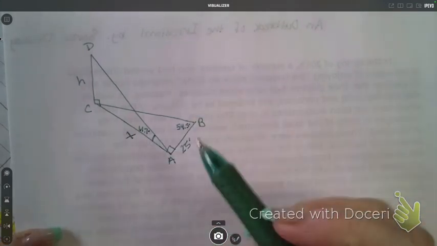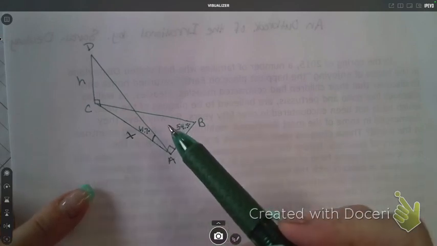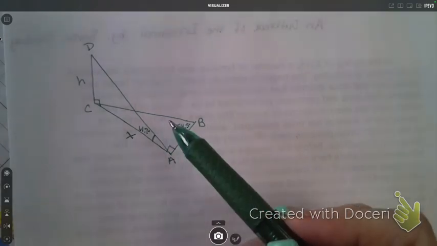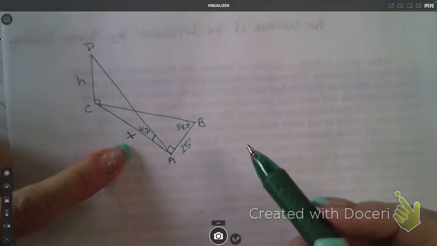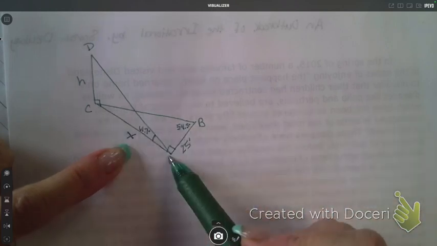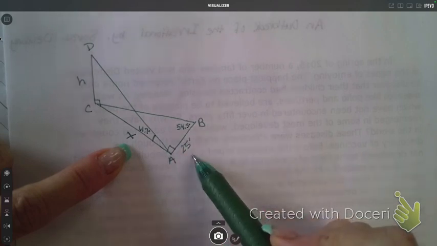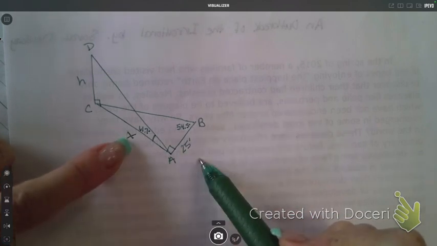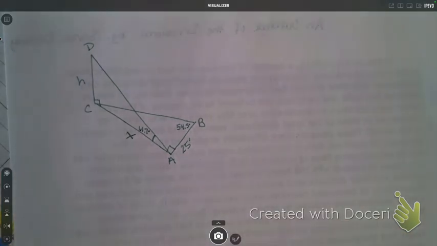And the reason why you have to find X is, what part of a triangle is in both triangles? Isn't that X? And in the triangle that's laying down on the ground, do you have two pieces? So if I have two pieces, can I find a third?